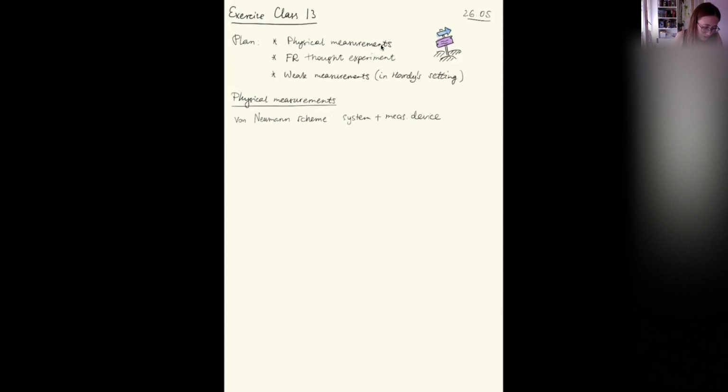And first, let us consider the discrete case. How can we model a physical measurement in a discrete case when we're, for example, measuring a qubit?